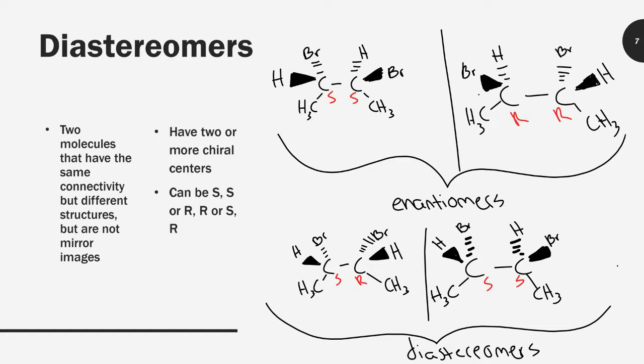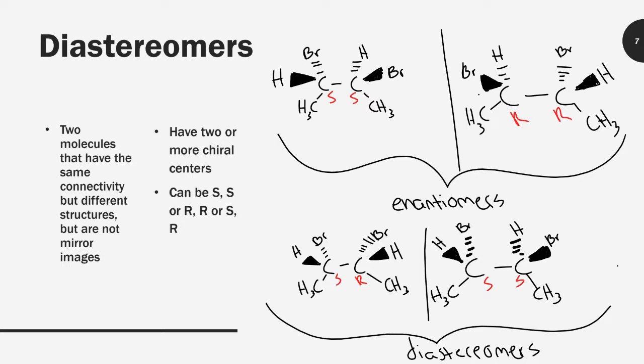So when you have 2 chiral centers, you can both be an S, you can both be an R, or you can have 1 S and 1 R. So in this first case up at the top, on the left, I have 2 carbons in S configuration. And then when I flip it over a mirror plane, they'll switch to both R configurations, okay? So these are 2 stereoisomers that are mirror images, and they are not superimposable. So these are enantiomers, okay?